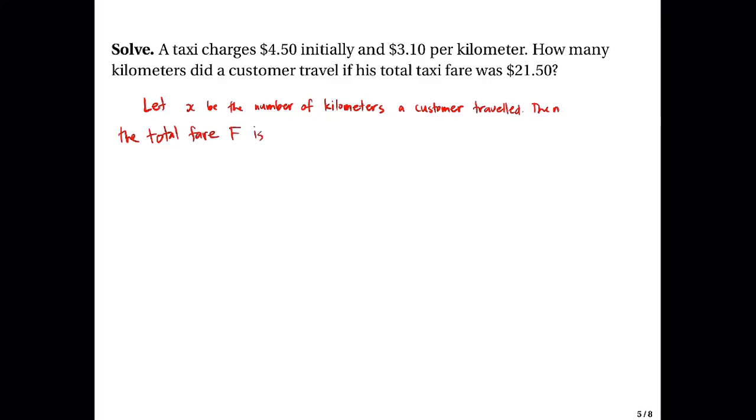is F. This is equal to the fixed amount, $4.50, plus $3.10 times the number of kilometers. So 3.10x.